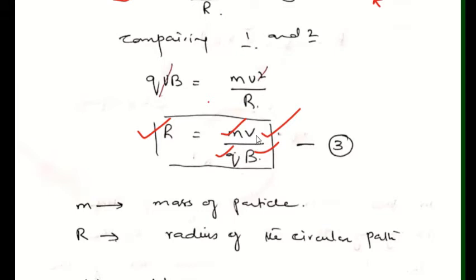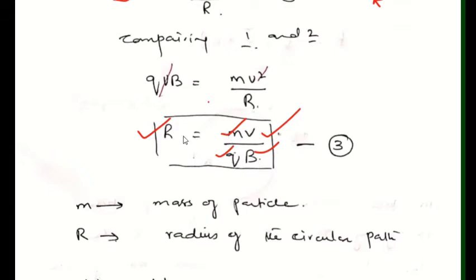For velocity, we must know the velocity with which the particle is moving, the charge is in coulombs, and the magnetic field, in this case a uniform magnetic field, and we must know the value of that magnetic field.